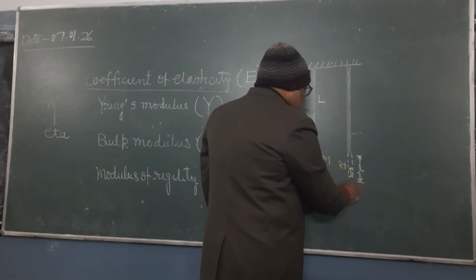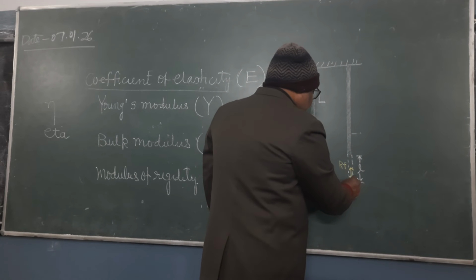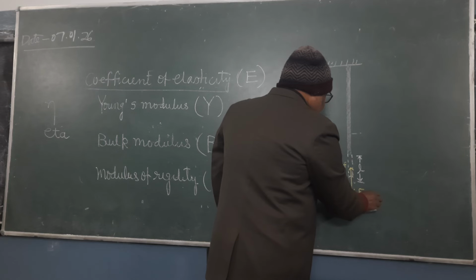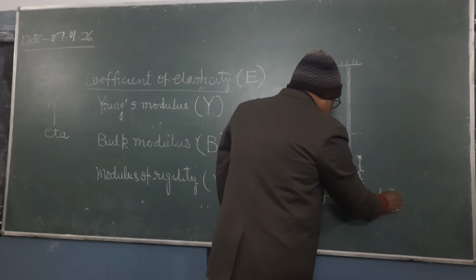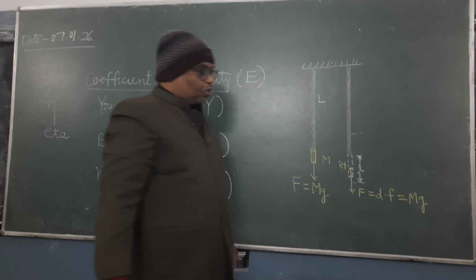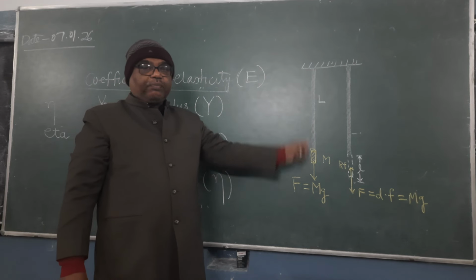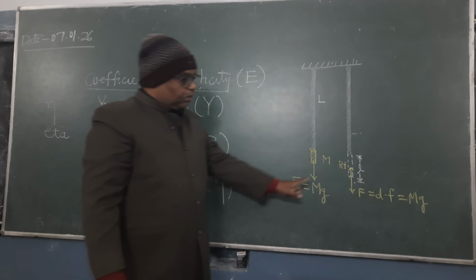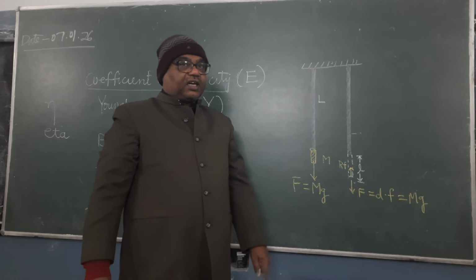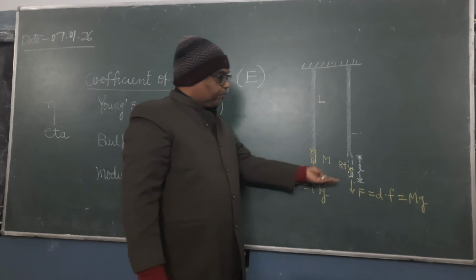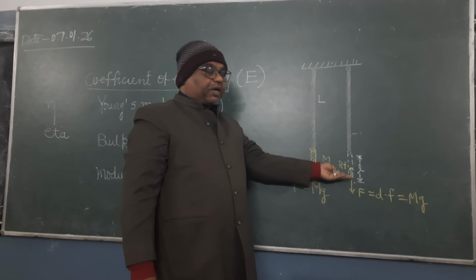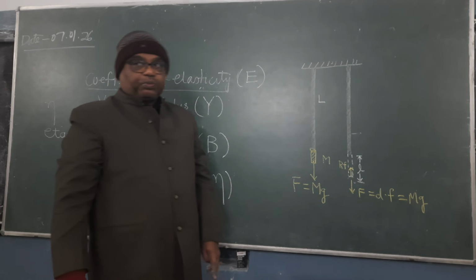While the deforming force F, which is equal to mg, is acting in the downward direction. In equilibrium, both will be equal. When you remove the deforming force, now only the restoring force is acting upward. It will once again bring back this cross section to this position.